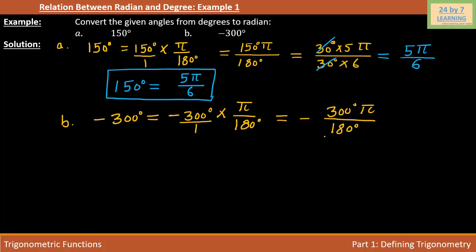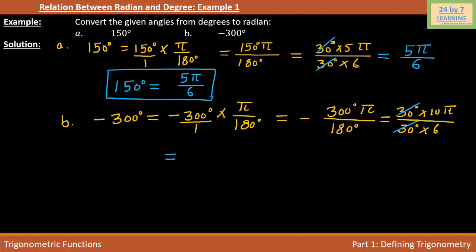Now let's find the factors. We can write 300 as 30 degrees times 10, and I have pi left, over 180, which is 30 degrees times 6. So I can cancel the common term, which is 30 degrees. This 30 degrees from the numerator will cancel the 30 degrees from the denominator.